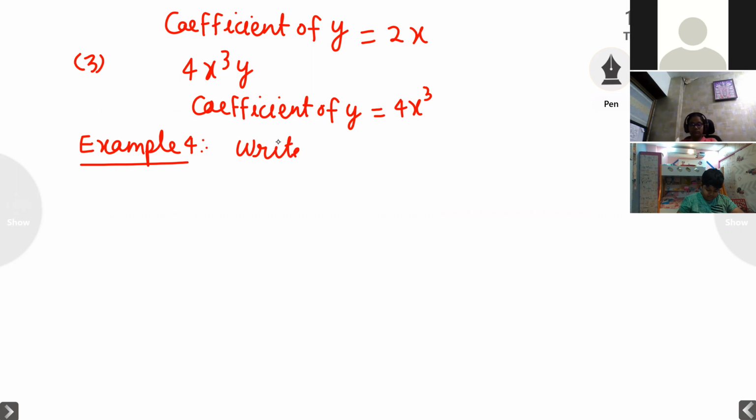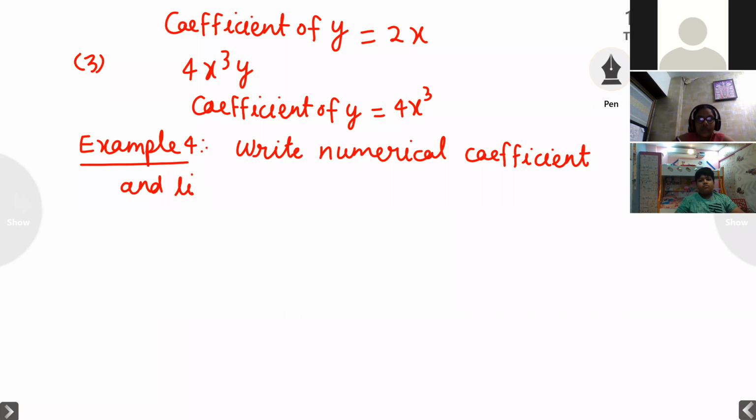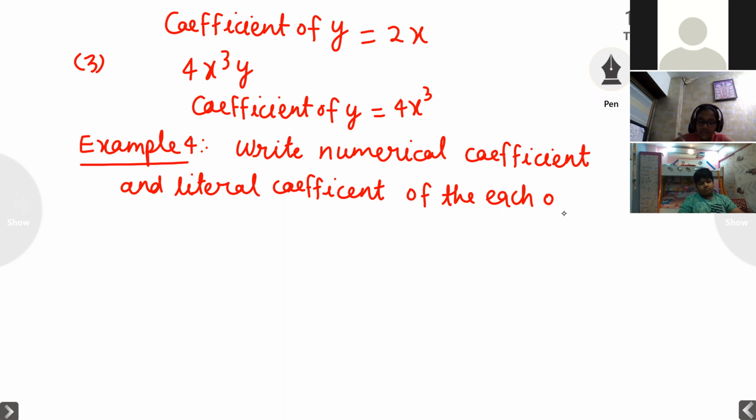Numerical means number, and literal means variable. Write numerical coefficient and literal coefficient of each of the following.